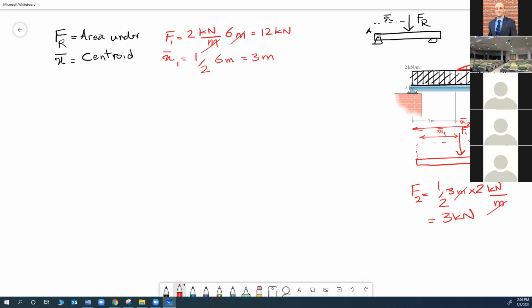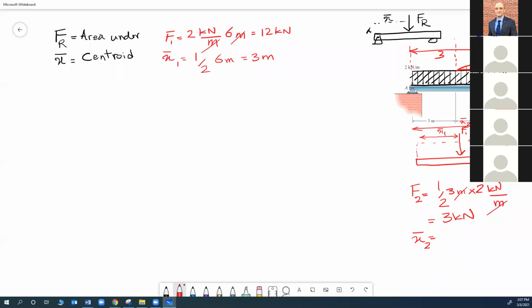X bar 2, what is that distance? So from point A to the centroid of this triangle. Isn't it 5 meters? It is this 3 meters right here, right?